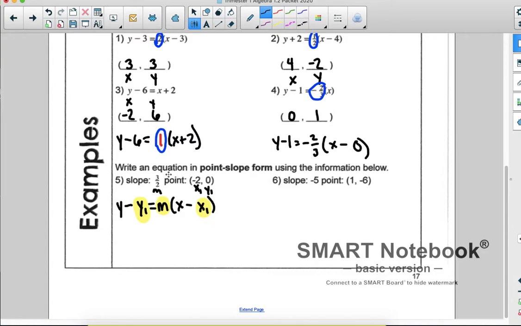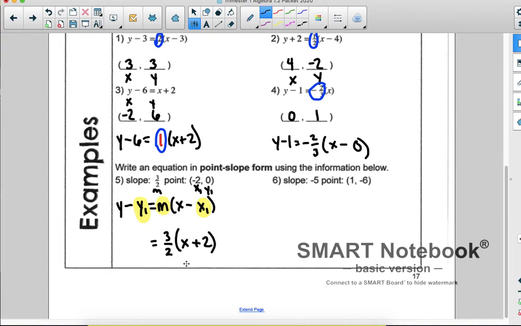Okay, so I'm going to plug in the m first. That's just really easy. So I'm going to say equals 3/2, parenthesis x minus, now my x is a negative 2. So we always want to think opposite. If I wrote 2 here, it would look like a negative 2. So the opposite of a negative 2 would be a plus 2.